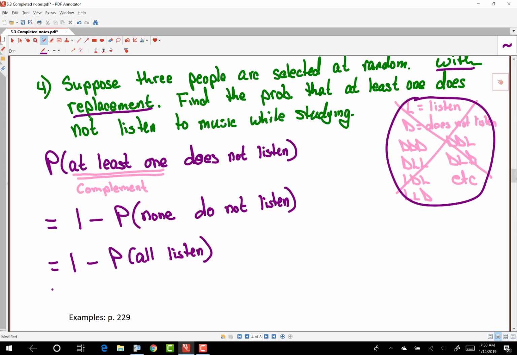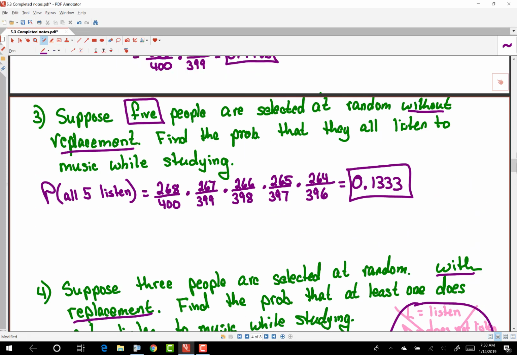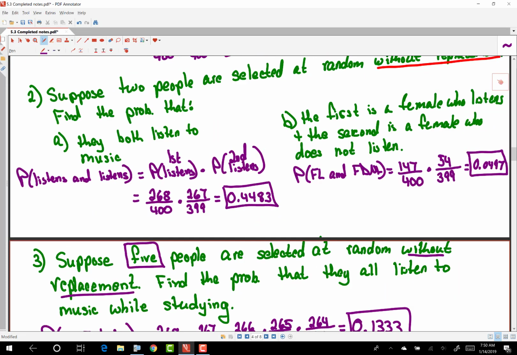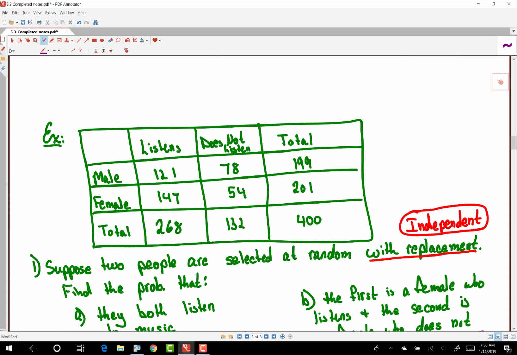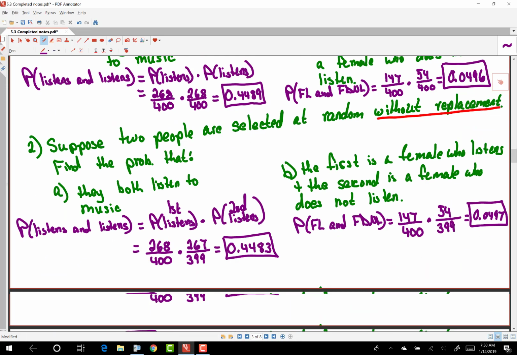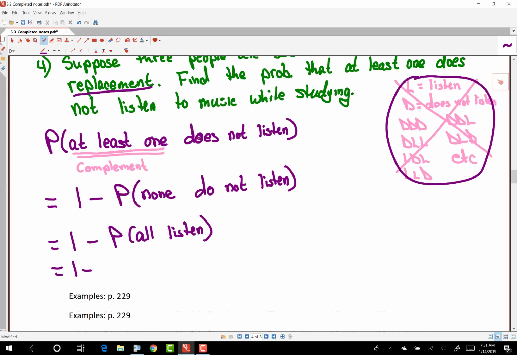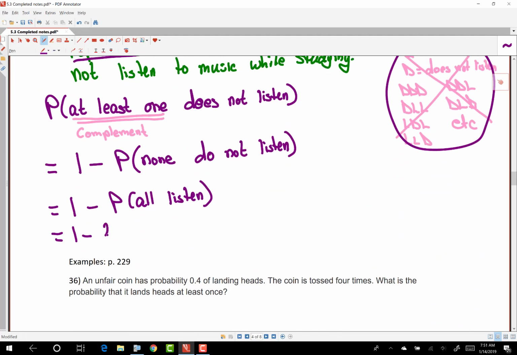So this will be 1 minus, well, the probability that the first person listens to music while they study. Let's go back to the table. I think it's 268 out of 400, but let me make sure. Yeah. So the ones that listen are 268 out of 400. So the probability that the first person selected listens is 268 out of 400.